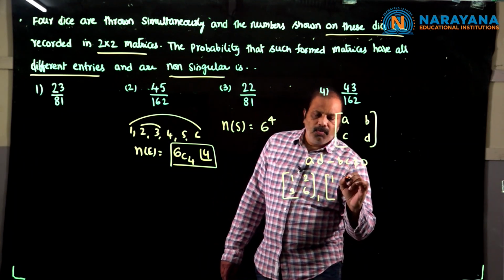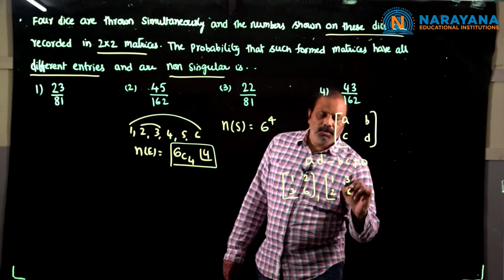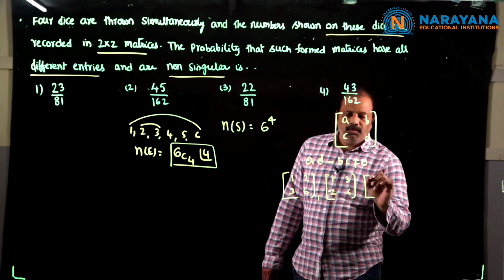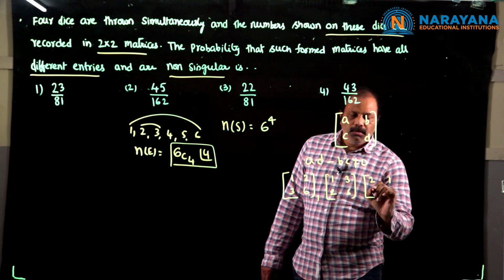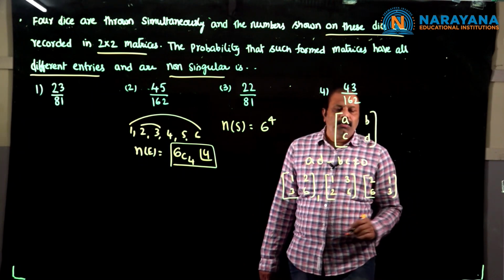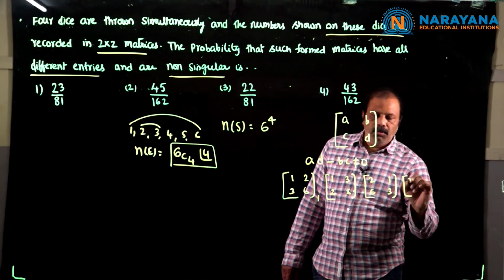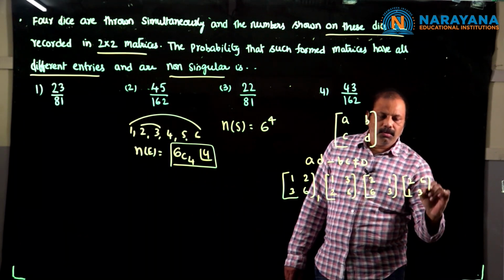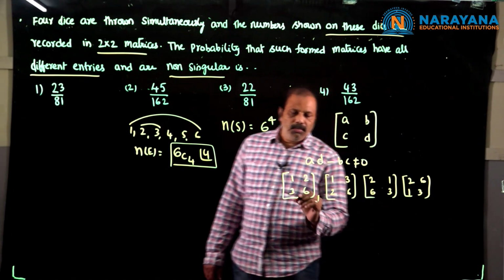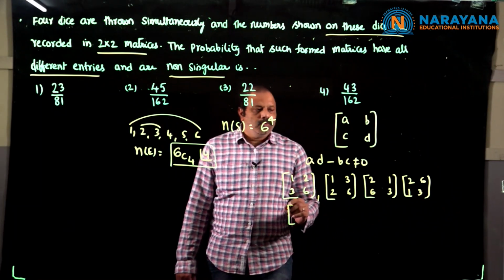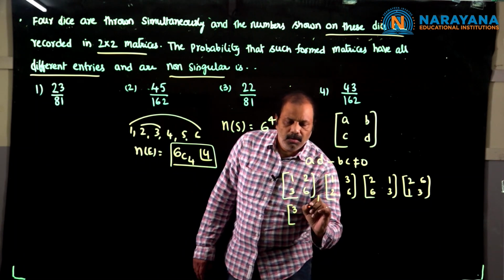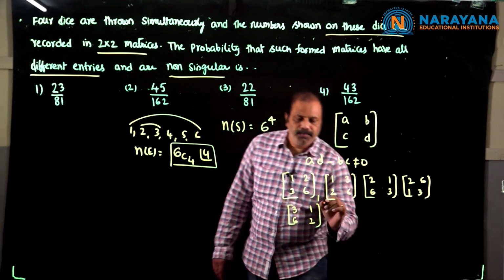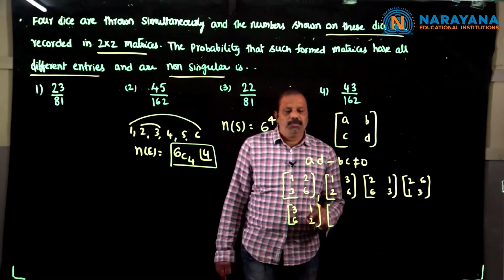Next possibility 1, 3, 2, 6. Next possibility 2, 1, 6, 3. Next possibility 2, 3, 6, 1. Similarly, 3, 1, 6, 2.